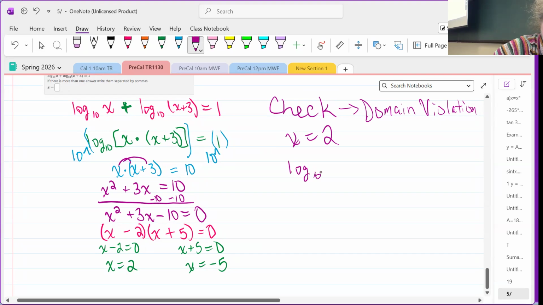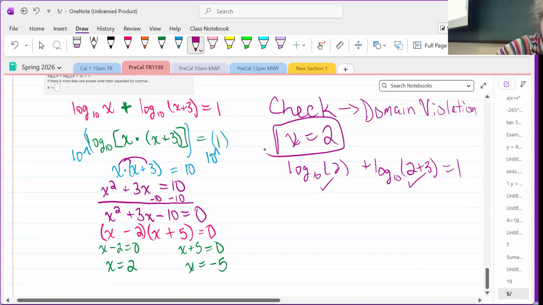So that'd be log base 10 of 2 plus log base 10 of 2 plus 3 equals 1. Log base 10 of 2, I can type on the calculator, that's a number. Log base 10 of 5 is a number. So x equals 2 is a viable solution.